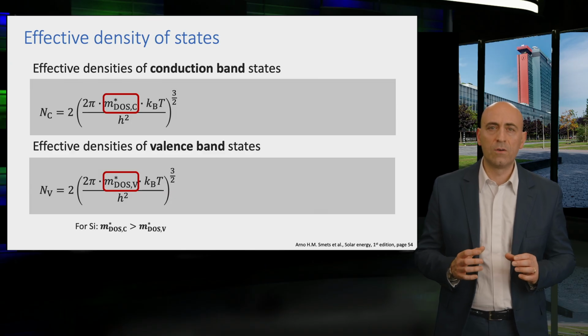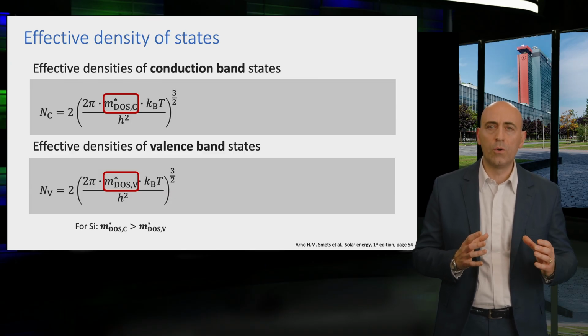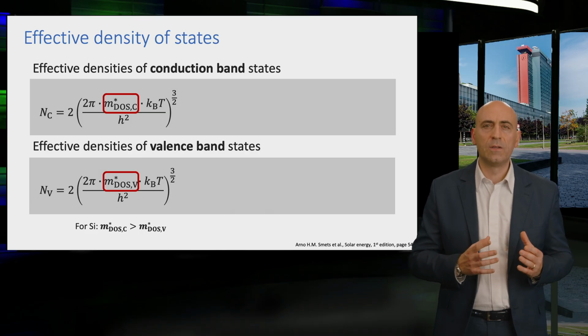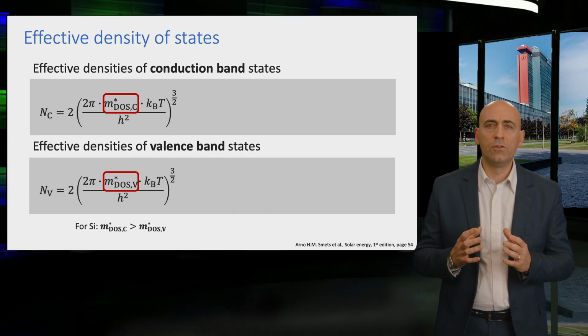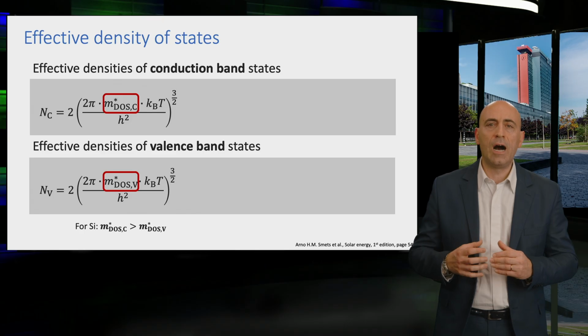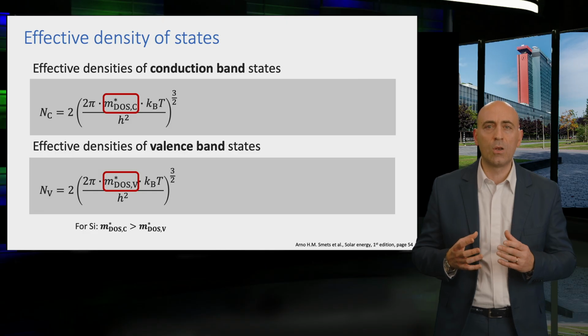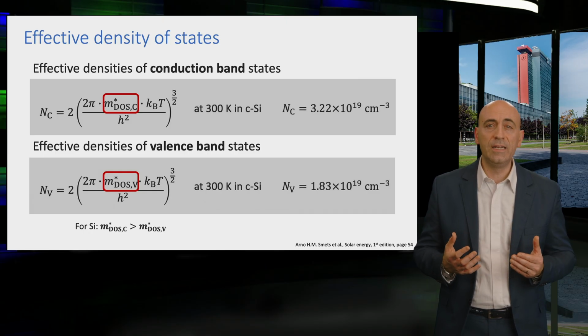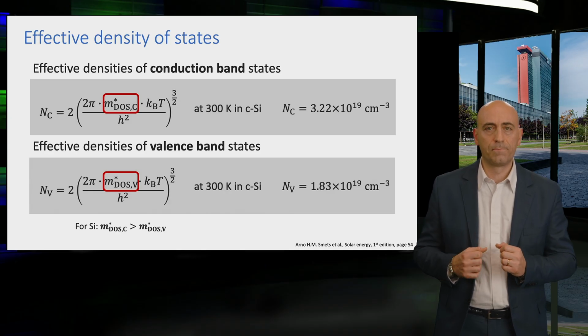For the case of silicon, despite electrons having a lower effective transport mass than holes, as previously mentioned, the higher multiplicity of the conduction band energy minima outweighs the lower mass of individual electrons, resulting in the conduction DOS mass being larger than the valence DOS mass. And this ultimately leads to a larger Nc compared to Nv.